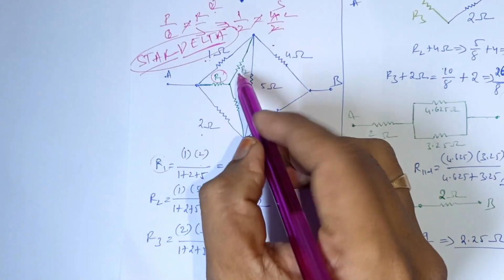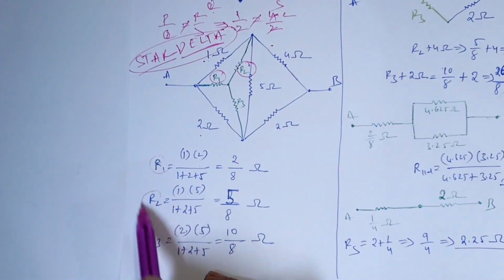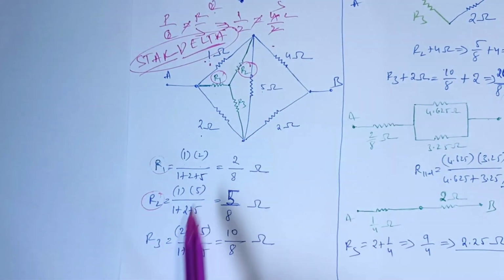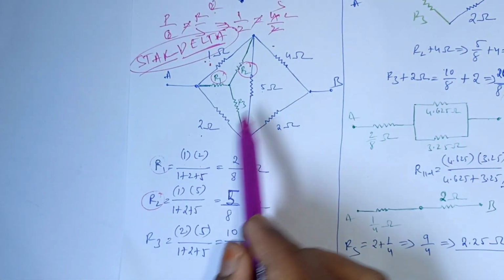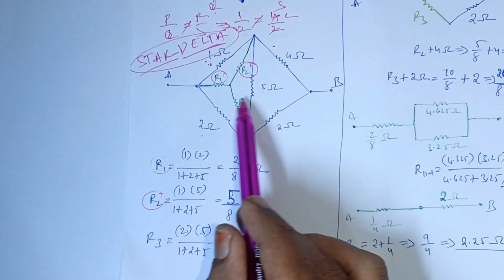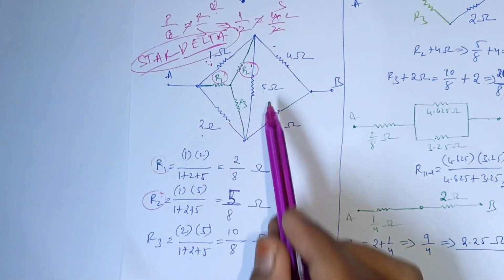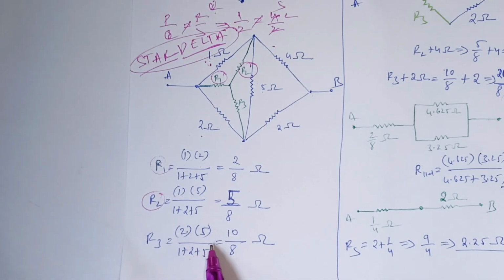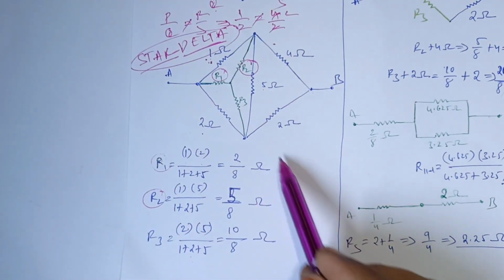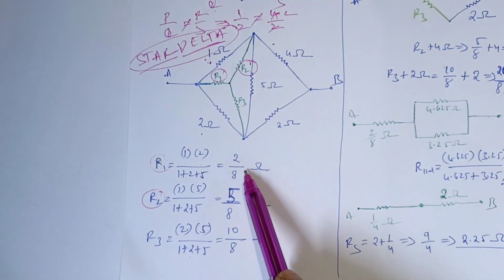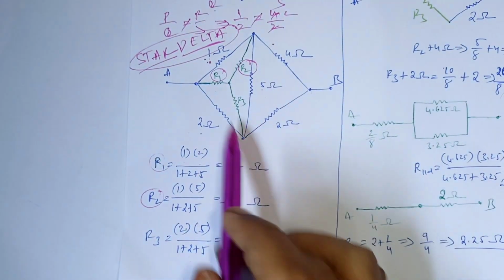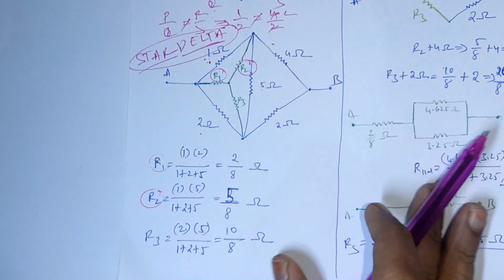For R2, that is 1 into 5 by 1 plus 2 plus 5. For R3, the left hand side is 2, right hand side is 5, so 2 into 5 by 1 plus 2 plus 5. After solving, we get 2 by 8, 5 by 8, 10 by 8. These are the values of R1, R2 and R3.